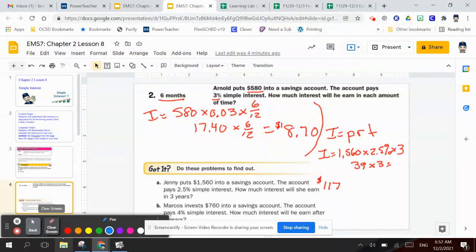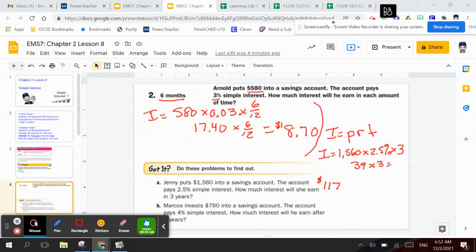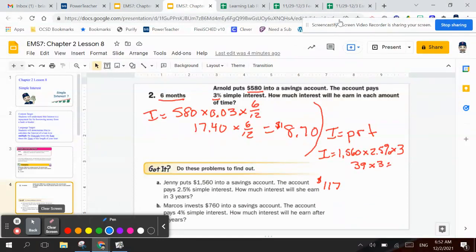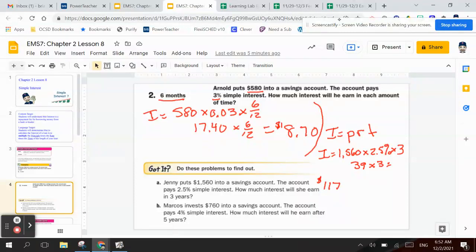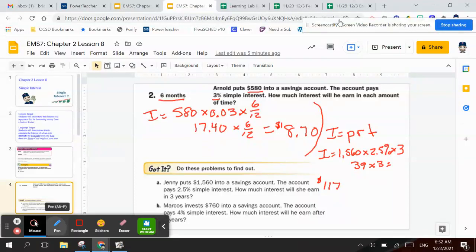Now I look at example 2. It says Marcos invests $760 in a savings account. The account pays 4% simple interest. How much interest will he earn in 5 years?